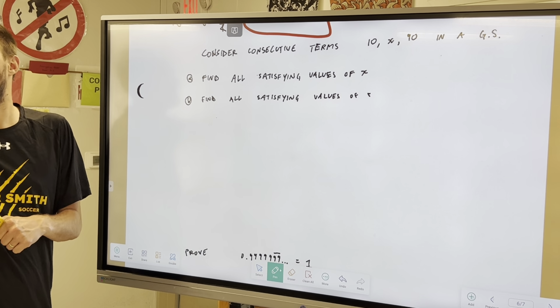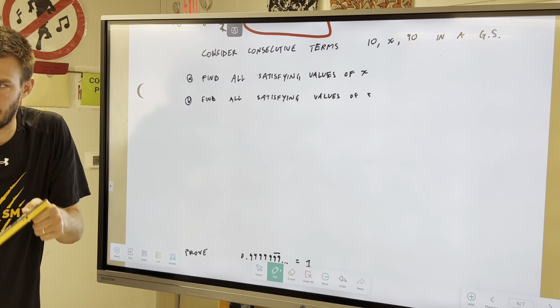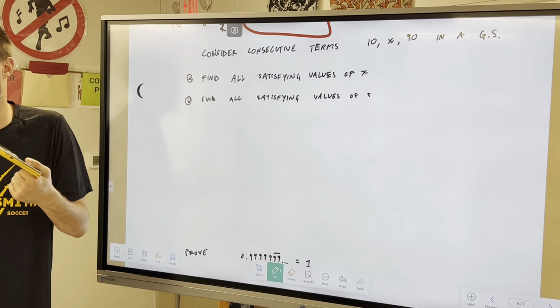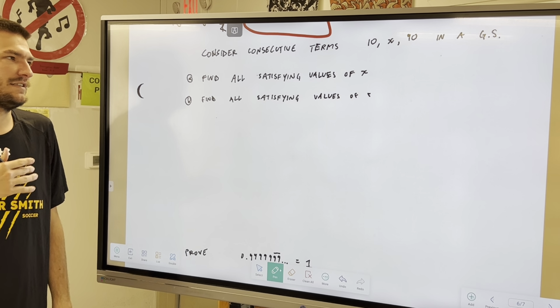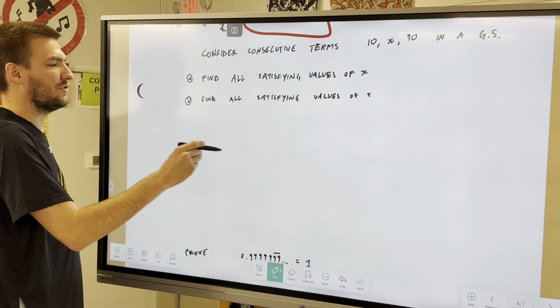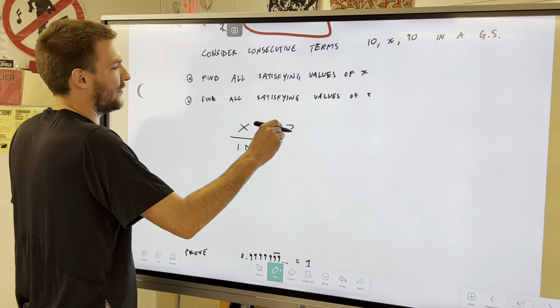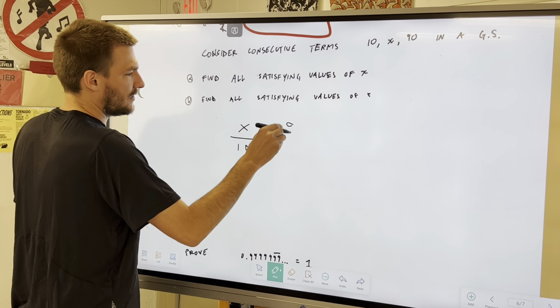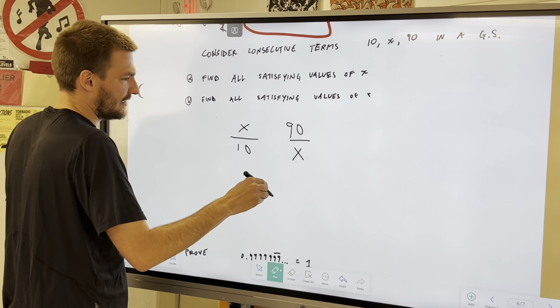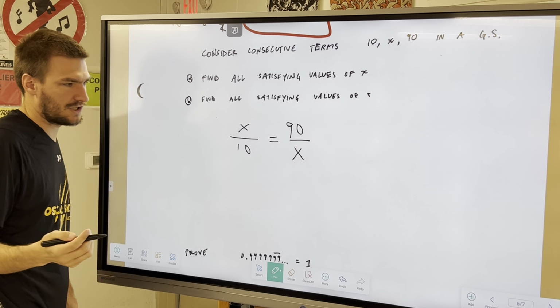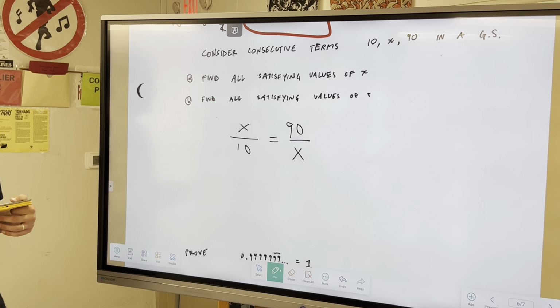Yesterday, we did second minus first, third minus second, and we set them equal to each other. We used minus because it's difference. Today it's ratios. So what we're gonna do is second divided by first, third divided by second, and that's all we get for this question, and these should be equal to each other.